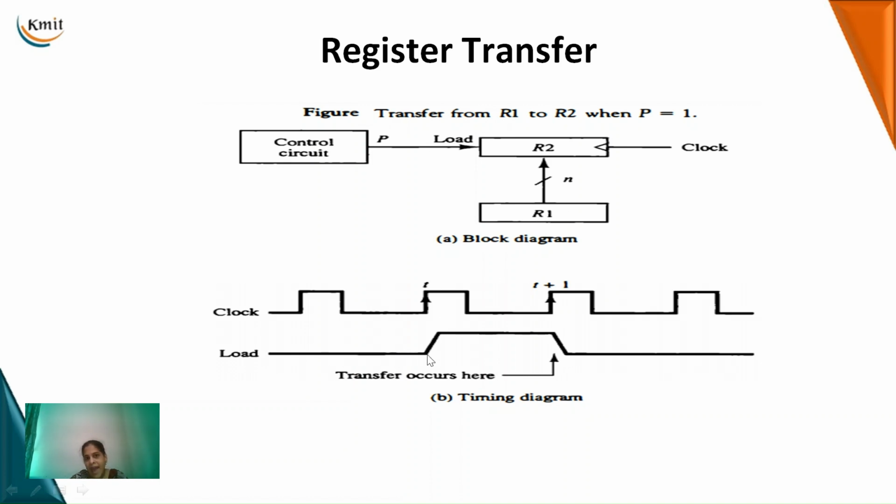The control function will be active, the load input will be triggered, and it takes one clock cycle to start the initiation of transfer of information. So the transfer occurs only at the timing signal t plus 1. So this is a timing diagram for that particular instruction.